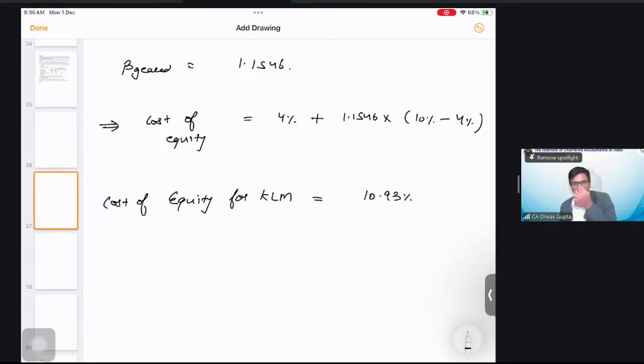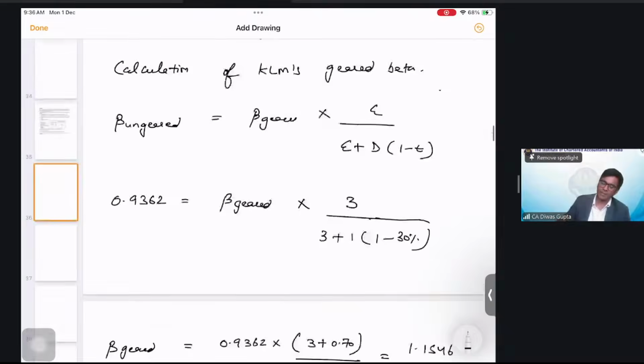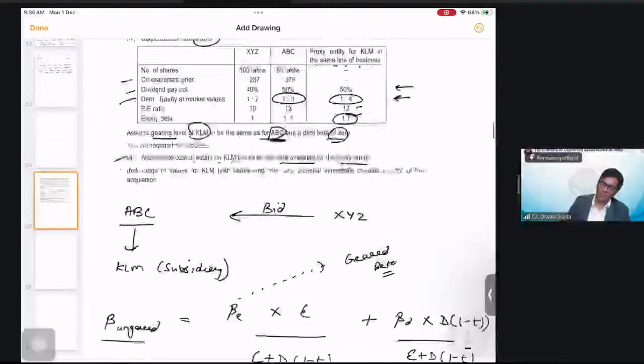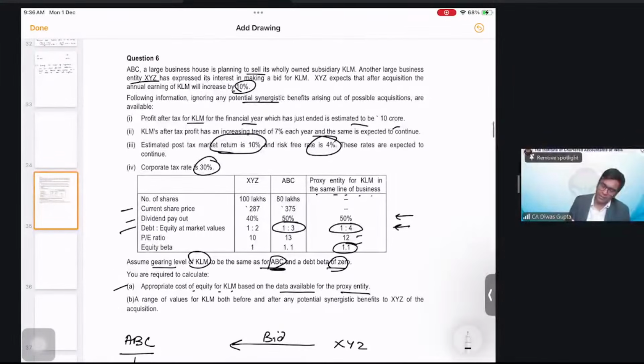So for KLM as a subsidiary, the shareholder who has invested in it will have a cost of equity equivalent to 10.93%. Clear, students?